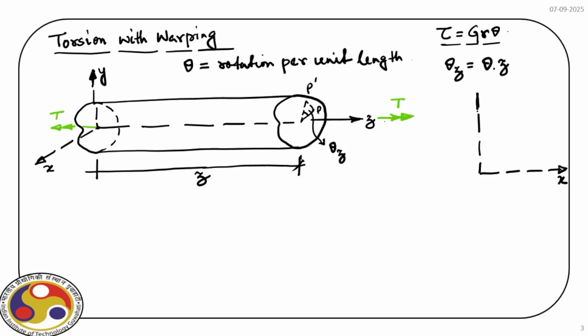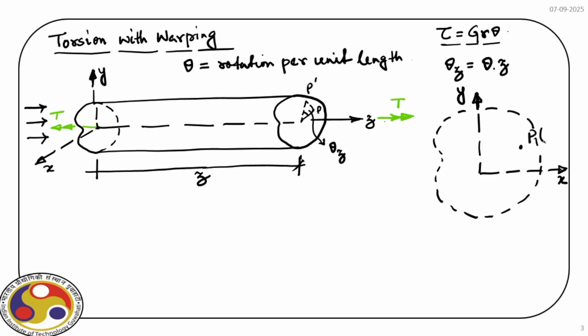So this is x, this is y. We actually look from this side and then draw this section. The section is defined by this boundary, and we have the point P here.